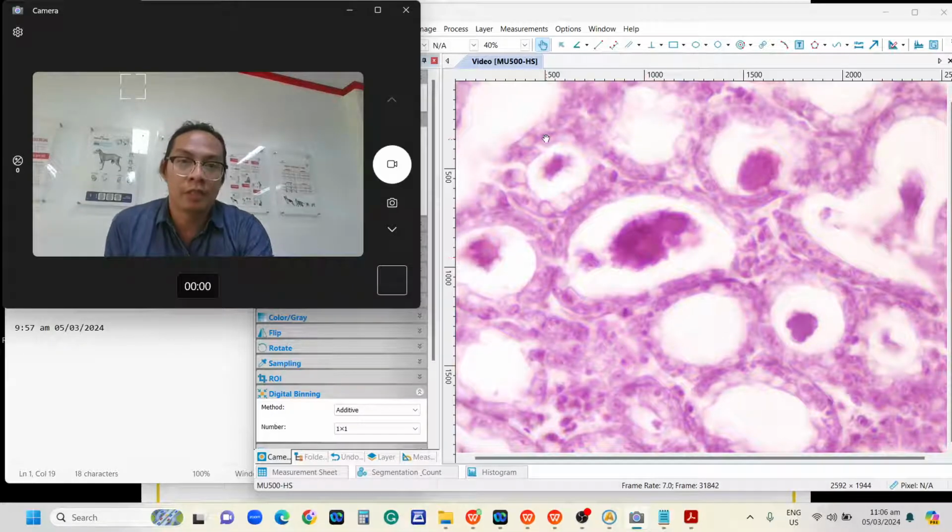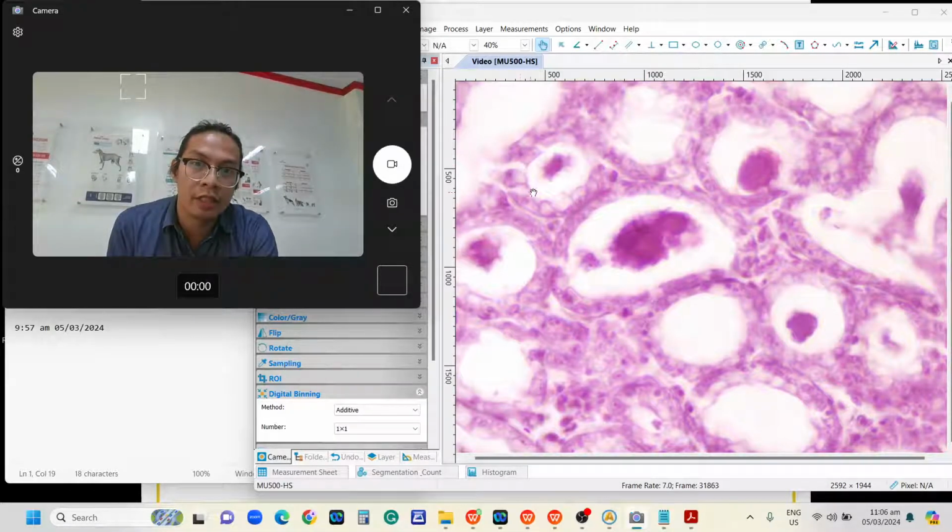Okay, so those are the cells producing the milk. Okay, so you can see this is the adenomeres, the secretory portion of the acini. Okay, the alveoli of the mammary gland.